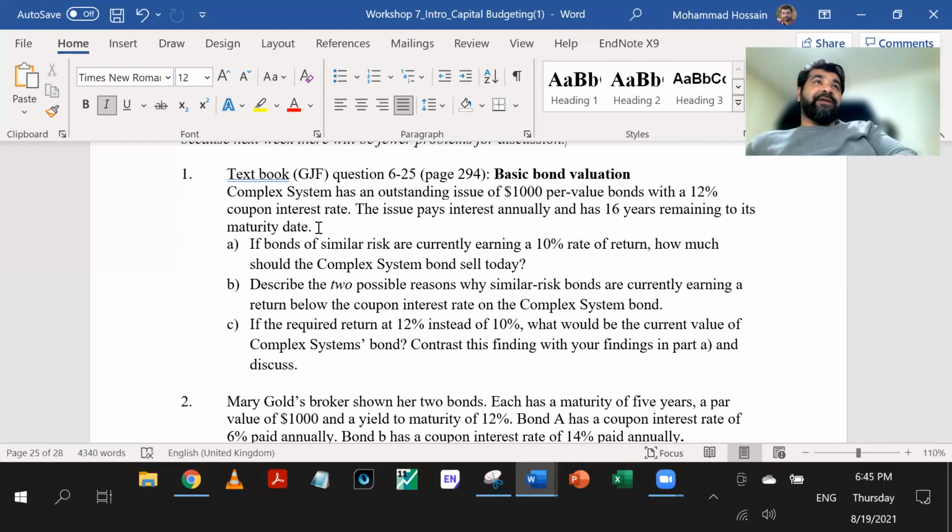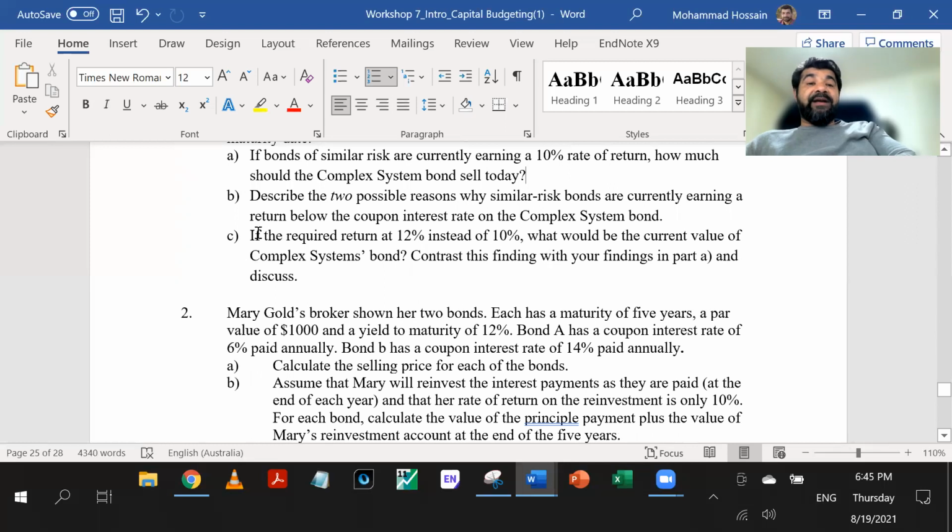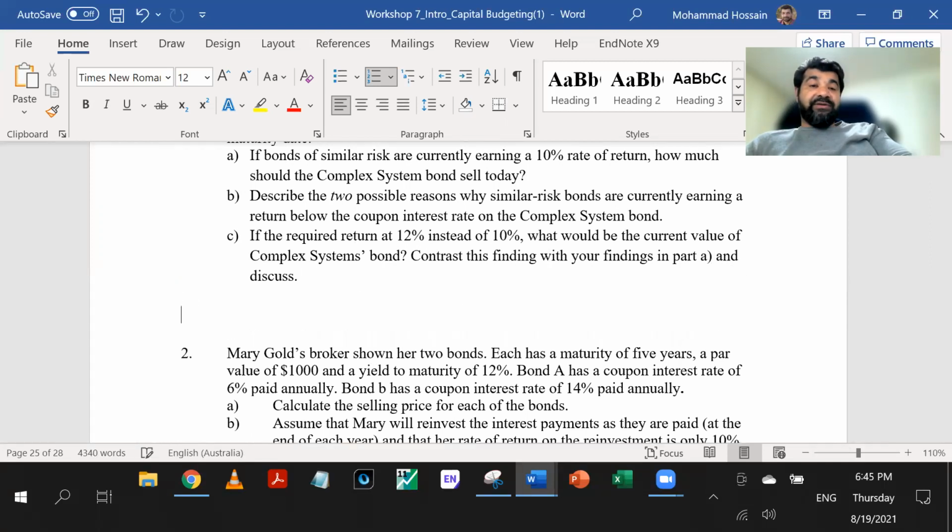C: If the required return were 12% instead of 10%, what would be the current value of the Complex System bond? Contrast this finding with your finding in part A and discuss this. All right, let's solve this one.